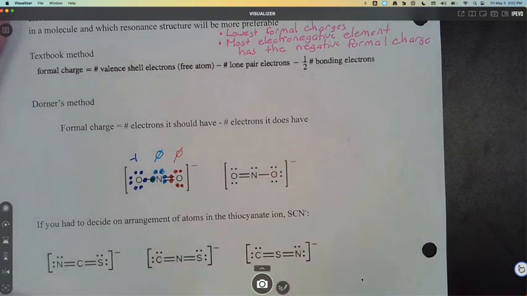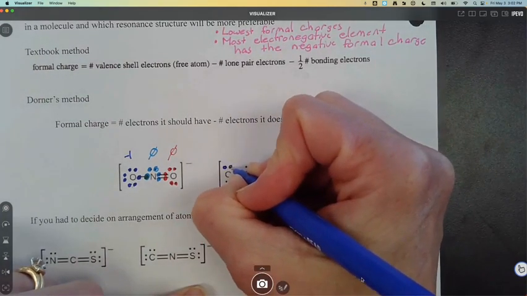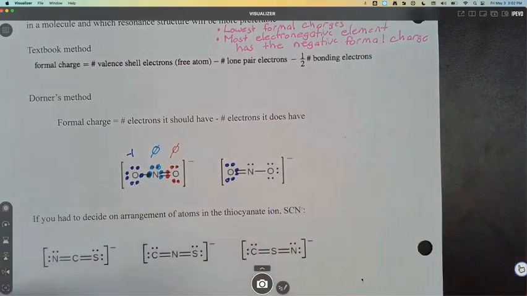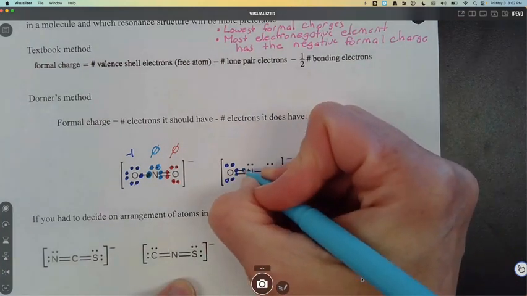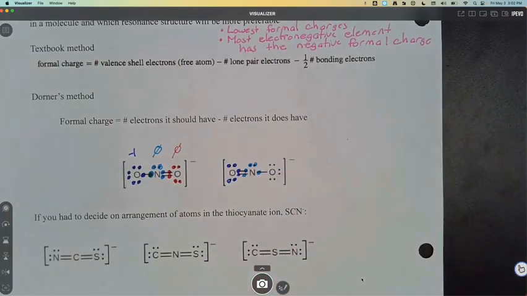Okay, I'm going to do the same thing to the next one. Those are the electrons that belong to that oxygen. Those are the electrons that belong to the nitrogen.